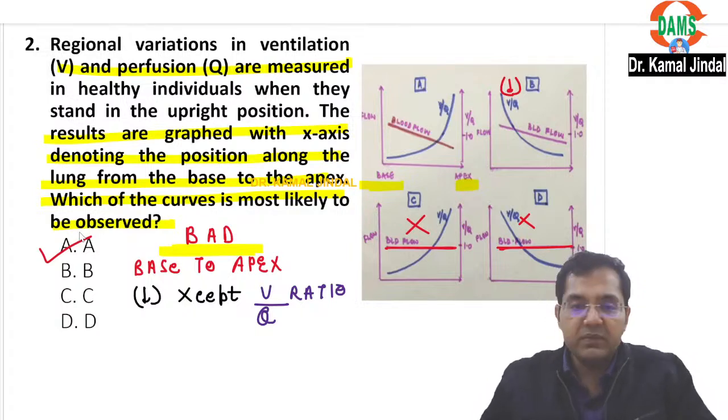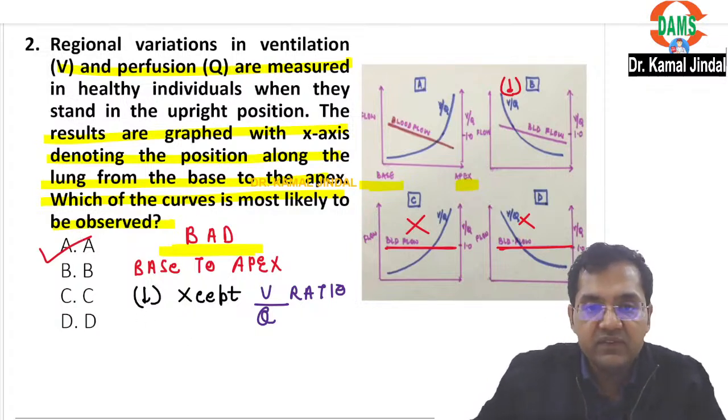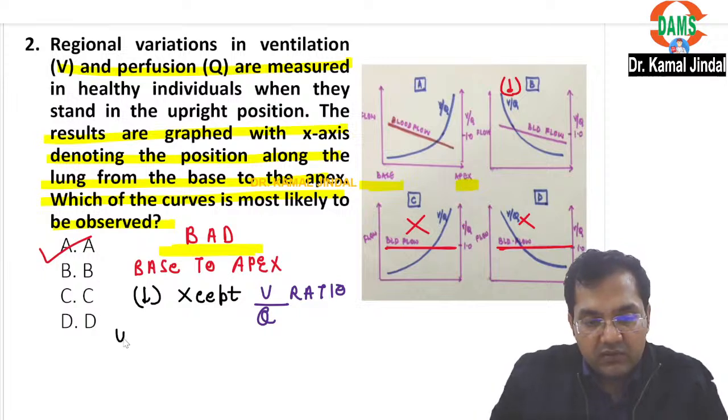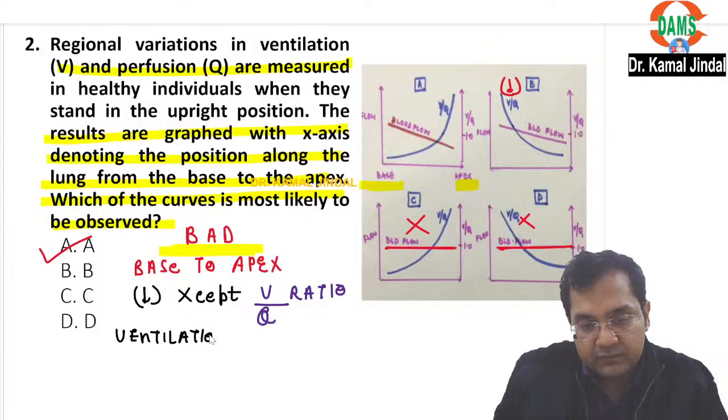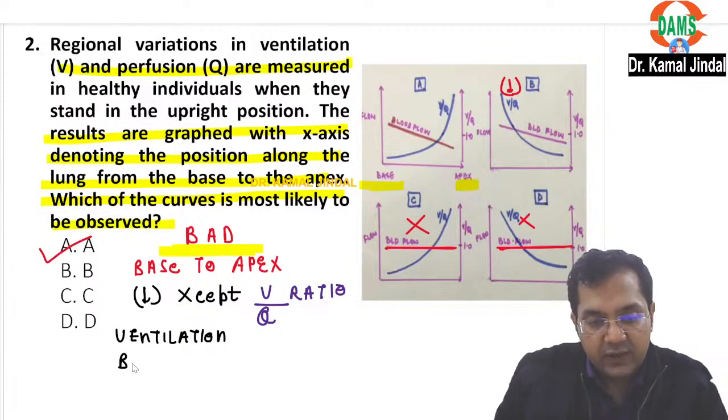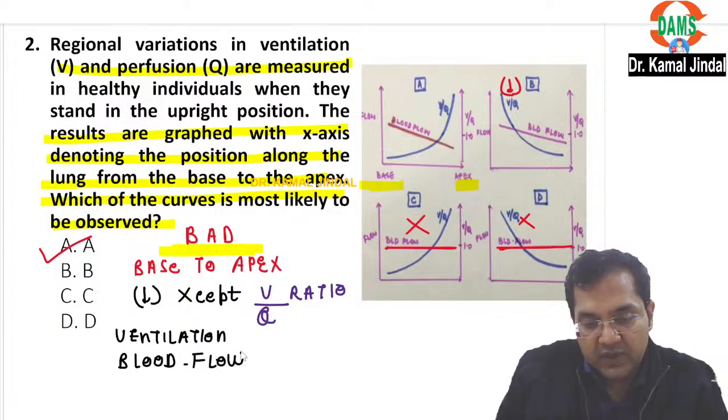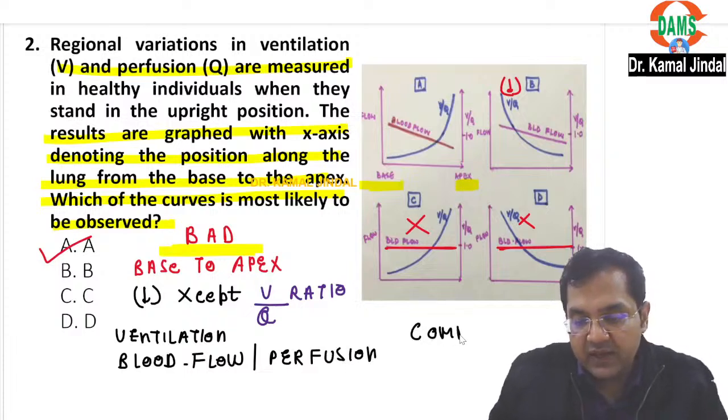So just remember, everything decreases means my ventilation, my blood flow. My blood flow, you also know, is known as perfusion, and everything will also include my compliance and also my intrapleural pressure.